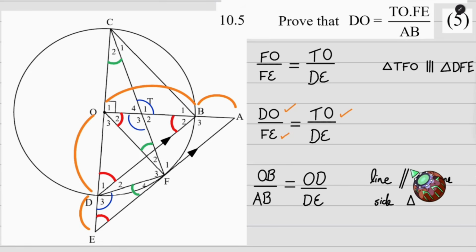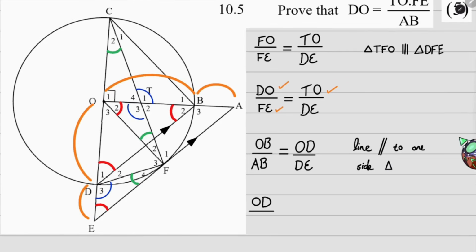Okay, and now we're starting to cook a little bit. Now I'm going to analyze this thing as well and see what I want and what I want to get rid of. So I've got an OB here. I don't see an OB here, but OB is a radius. So let's go ahead and change it to OD because I want OD in the mix. Alright, I want AB to stay behind because I see an AB over there.